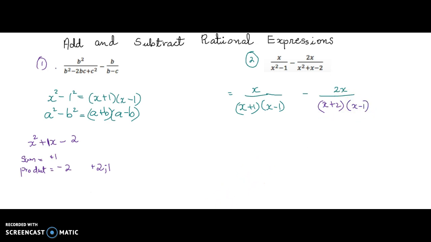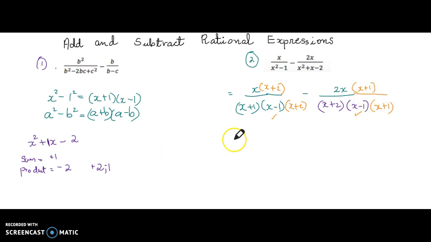So now this is going to be a little bit longer problem. If you look at both the denominators, they both have x minus 1 as a common factor. This denominator is missing the factor x plus 2, so I'm going to write x plus 2 on the numerator and the denominator. This other denominator is missing the factor x plus 1, so I'm going to write x plus 1 in the denominator and in the numerator.